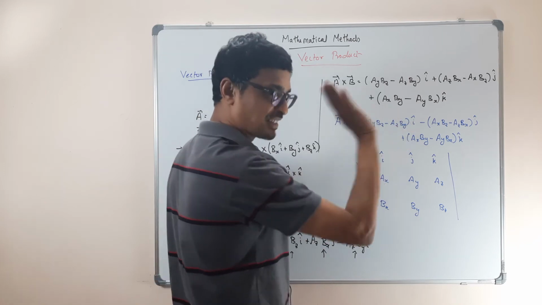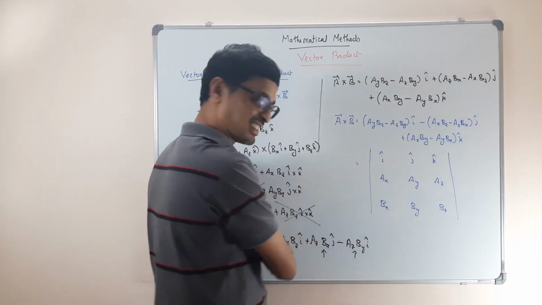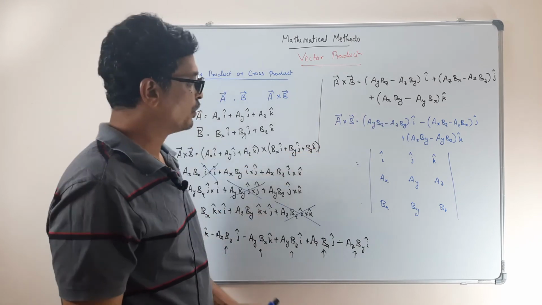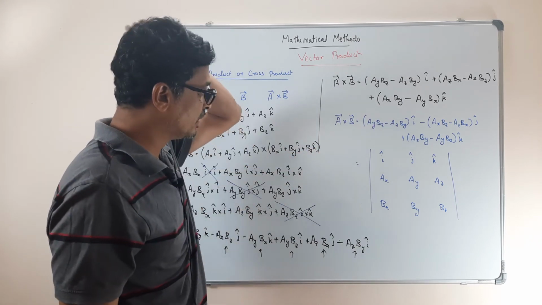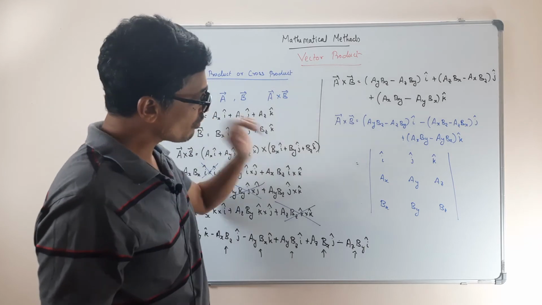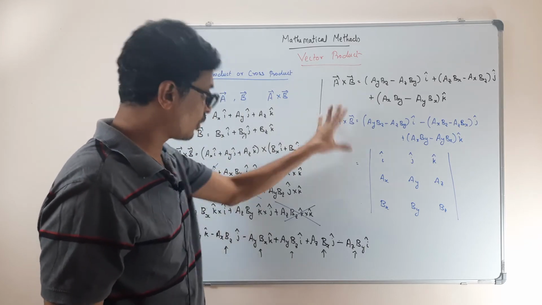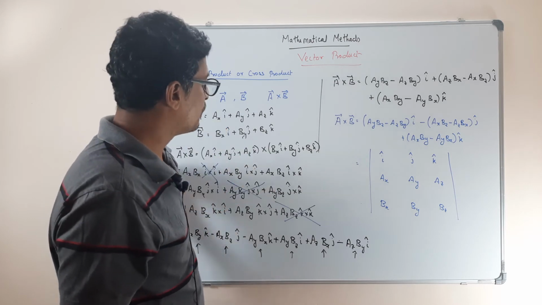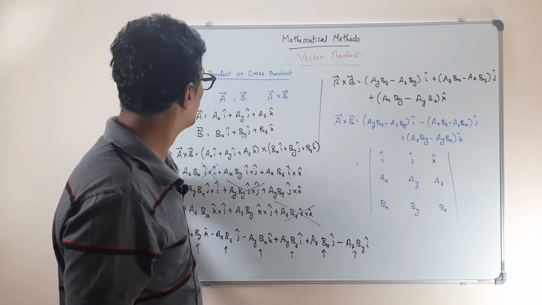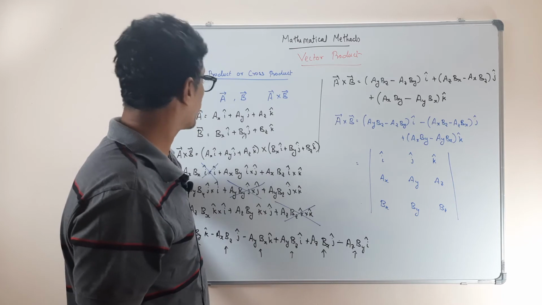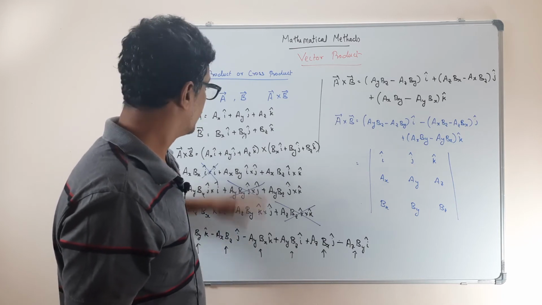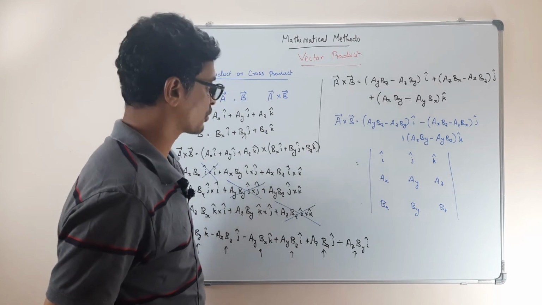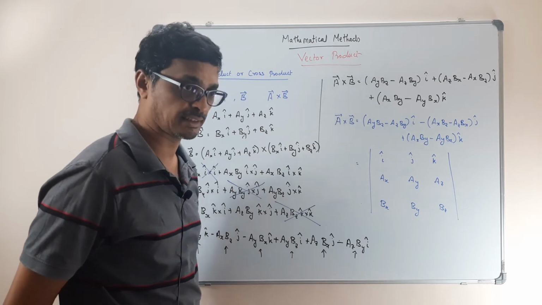Because of the i cap, the x component automatically vanishes here. So always we take only the perpendicular components. This is a very important rule in the cross product of two vectors. This is how the cross product is defined, and how we get the components of these cross products along the x, y, z axes.